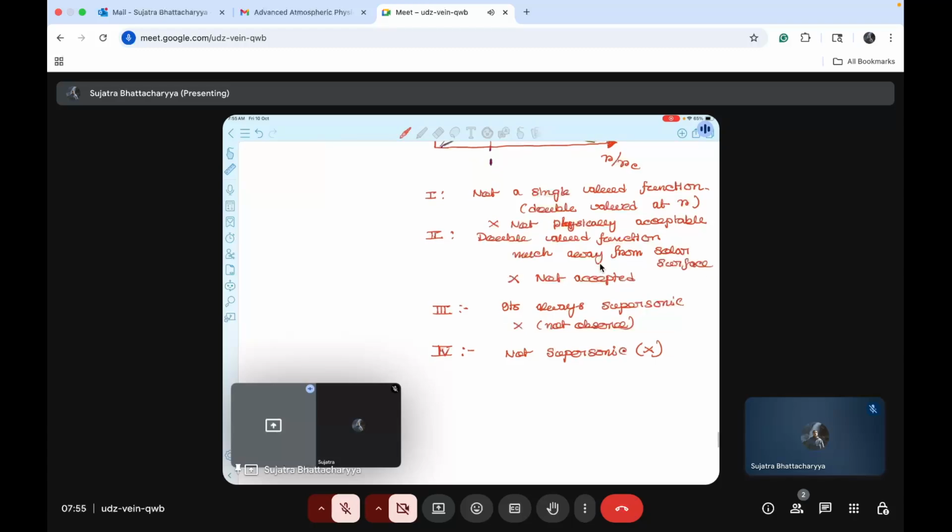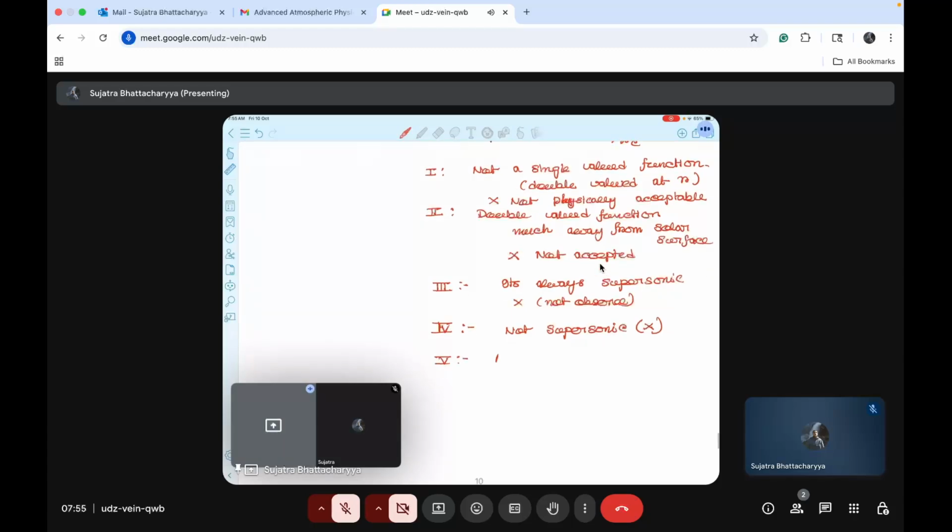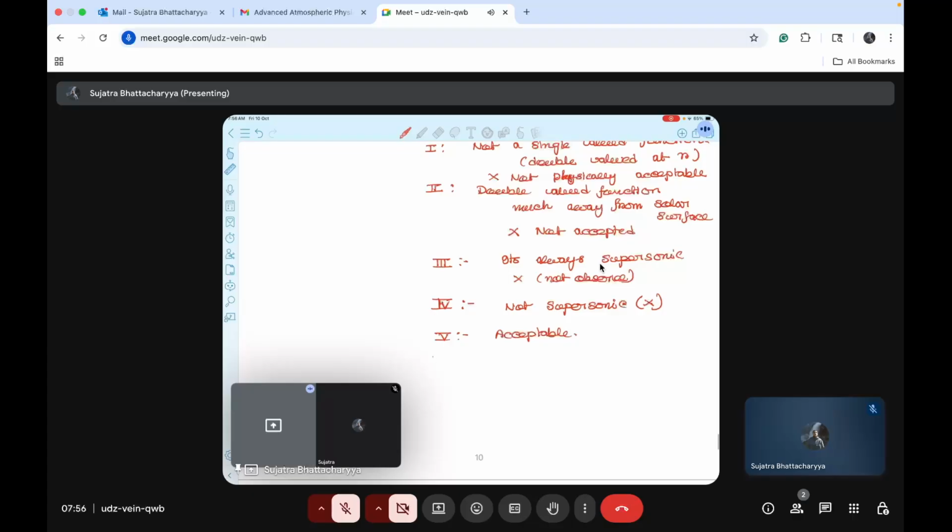The fifth one is the only acceptable solution, which follows whatever we have written. And what is the sixth? The sixth is a decaying function, opposite to what is observed.